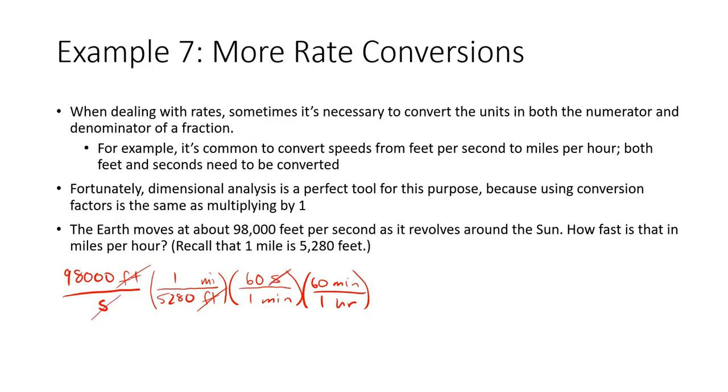Our units of seconds will cancel, units of minutes cancels. And now we just multiply and then divide. 98,000 times 60 times 60 divided by 5,280, and that gives us 66,818 miles per hour, or per 1 hour. Please let me know if you have any further questions about this section.